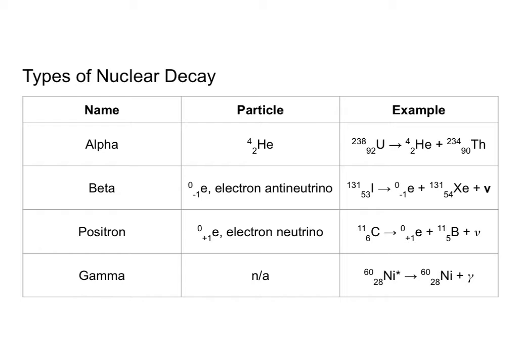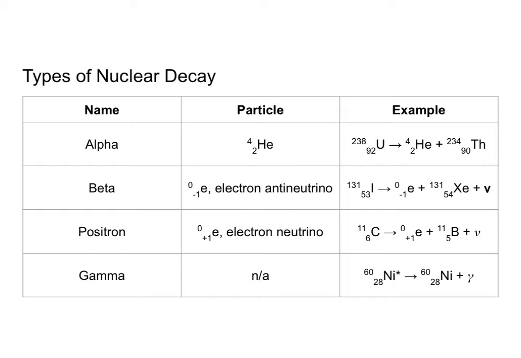So our first type of nuclear decay is alpha decay, and in alpha decay, our mother nucleus, so the nucleus that is decaying, is going to release a helium nucleus from itself. So helium has a molar mass of 4, so it's got 4 nucleons. 2 of them are neutrons, and 2 are protons. I know that 2 must be neutrons because I know that helium has 2 protons from the way that this is written.